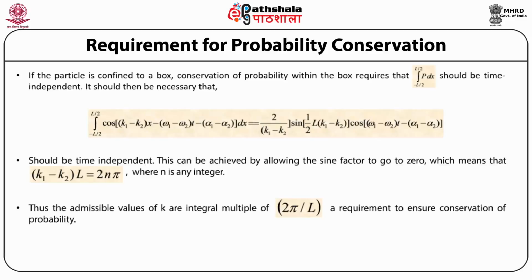This means that the following condition must be satisfied, which is that the integral over dx going from minus L by 2 to plus L by 2 of ((k1 minus k2) times x minus (omega 1 minus omega 2) times t minus (alpha 1 minus alpha 2)) should be equal to, if you solve the integral, the final answer that one gets is 2 upon (k1 minus k2) times sine of (half times L times (k1 minus k2)) times cos of ((omega 1 minus omega 2) times t minus (alpha 1 minus alpha 2)).